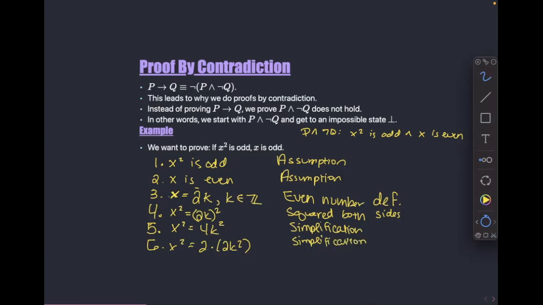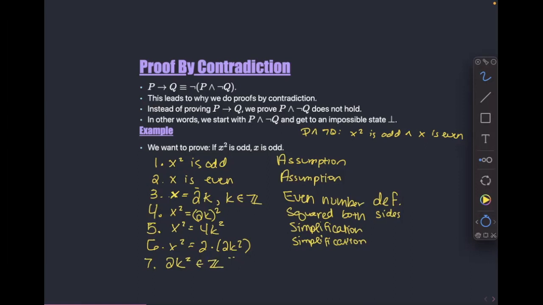And now I have something interesting, because now I have X squared is 2 times something, which is usually a good indicator that something is even. The only other rule is, remember, if I say something's even, the thing 2 times something, this something needs to be an integer. So I need to be able to claim that 2K squared is an integer.